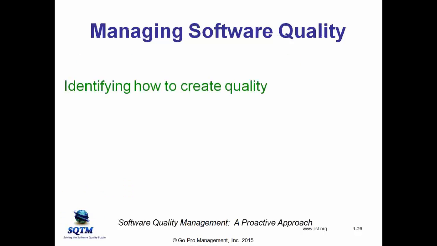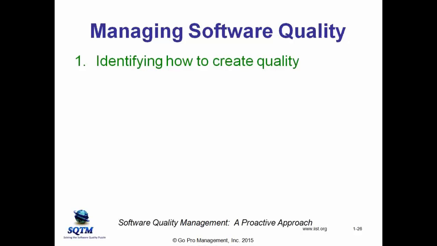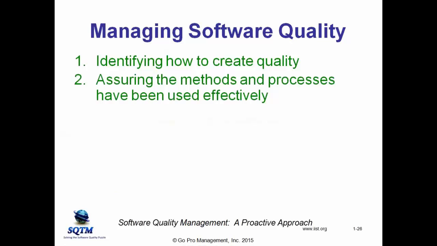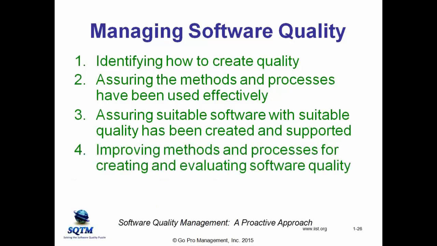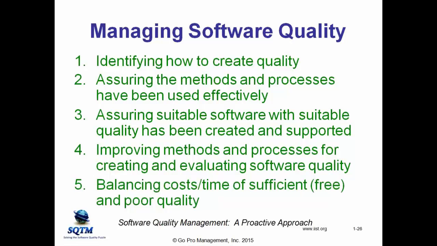Conversely, managing software quality means identifying how to create quality, assuring that the methods and processes for creating quality have been used effectively, assuring that there's suitable software with suitable quality coming out of this, and being supported, not just being delivered, but being supported, improving the methods and processes for both creating and evaluating software quality, and balancing the costs and time of sufficient or free quality with the costs and time of poor quality.